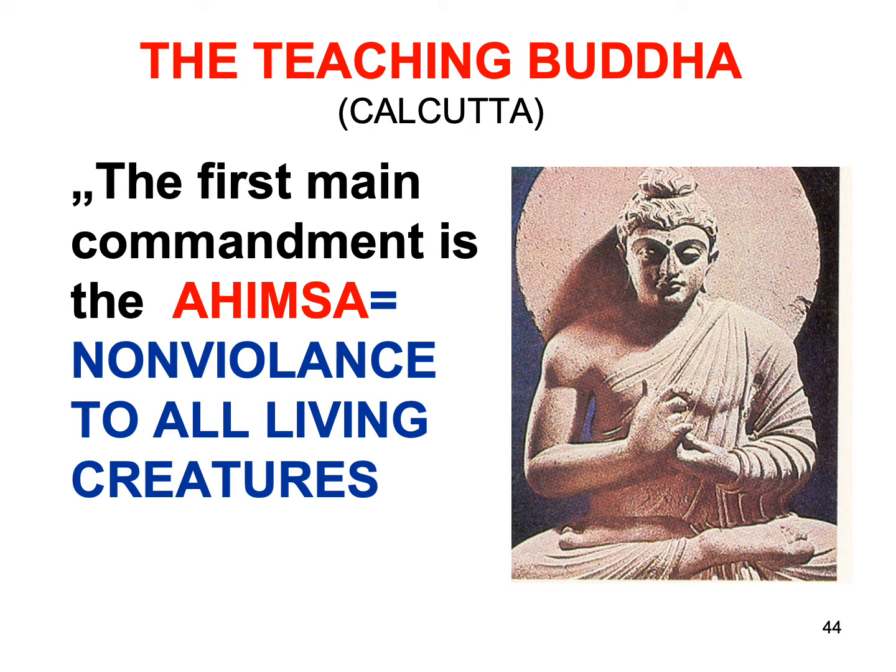And the second animal rights approach is, you can see on the picture, the teaching Buddha in Calcutta, a statue. And the first main commandment is ahimsa, or non-violence to all living creatures.